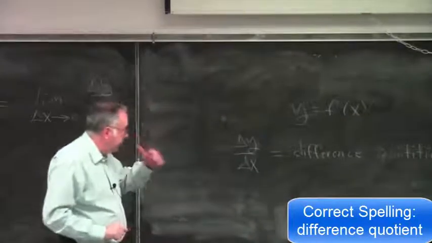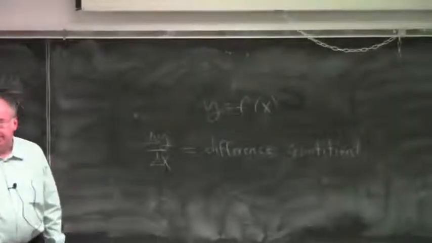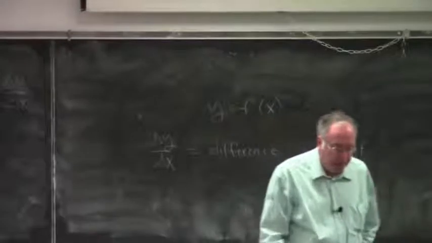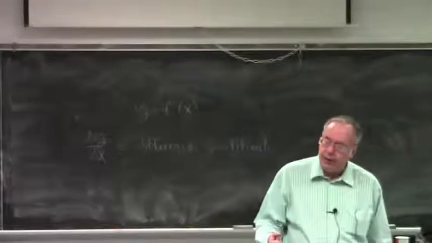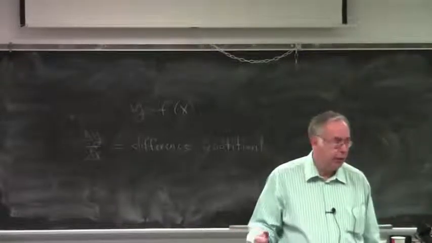And it is the change in y per unit change in x over a certain interval as x changes. It's also referred to as the average rate of change of y with respect to x over a certain interval of x.